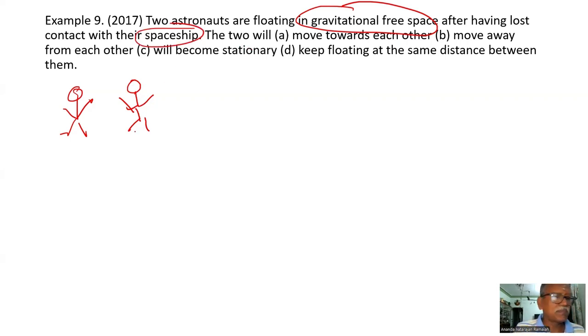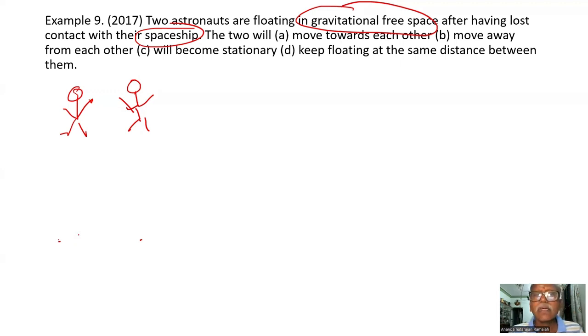What will happen in the charges? While we study about force between electric charges, we have seen that if the two charges are positive, they will repel each other. When the two charges are opposite, then they attract each other, like that we studied.